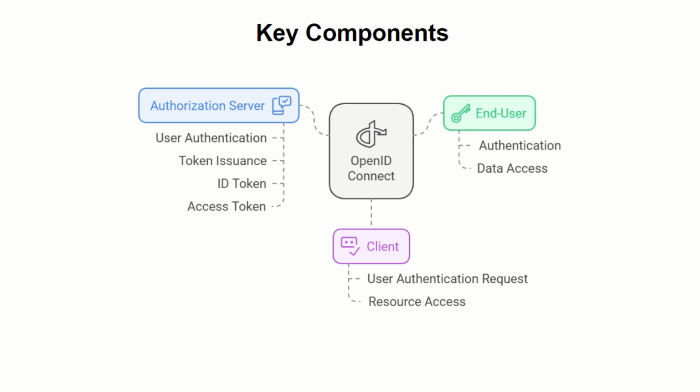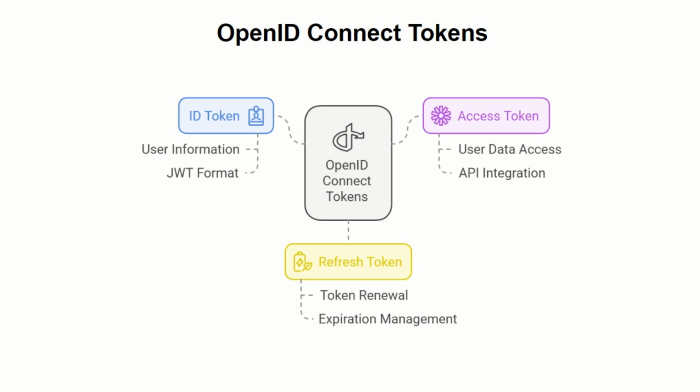The ID token is a JWT, JSON Web Token, issued by the authorization server that contains information about the user's identity, like name, email, etc. The access token is a token that can be used by the client to access the user's resources, same as OAuth. These are the key components.